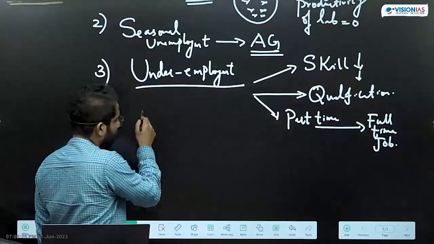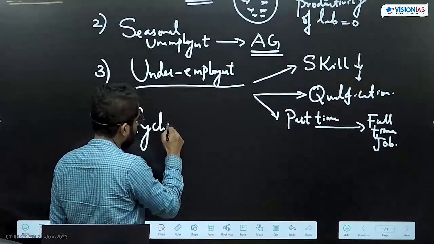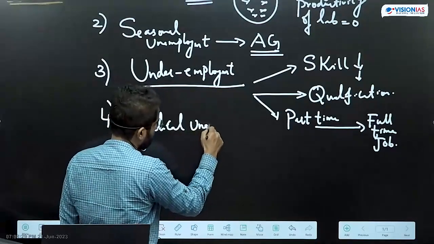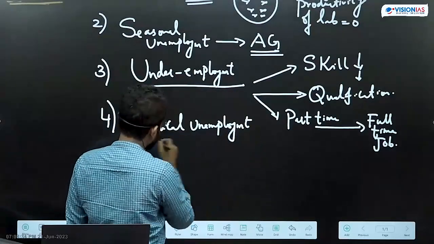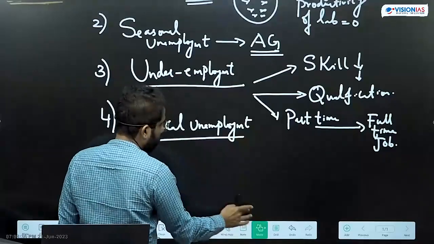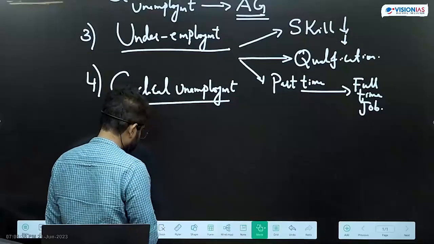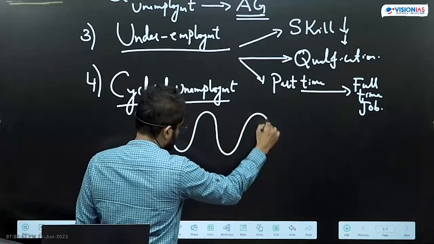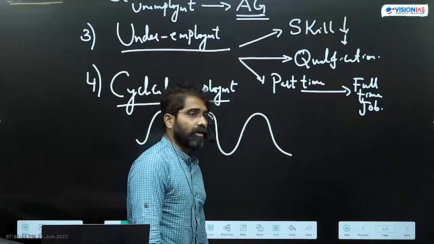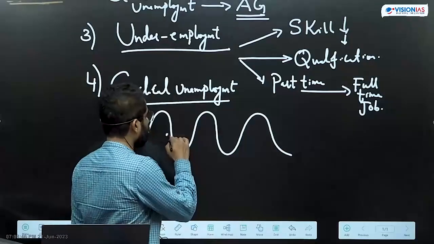Next is cyclical unemployment. This unemployment is mainly because of the cycles of the economy. It means the economy is not doing well.